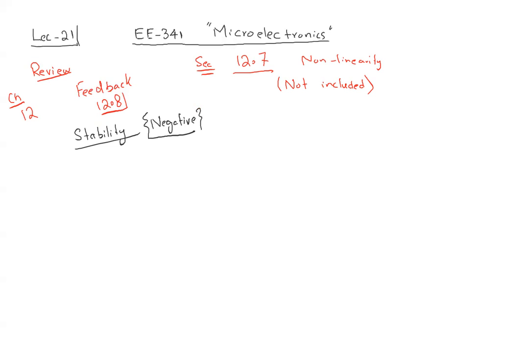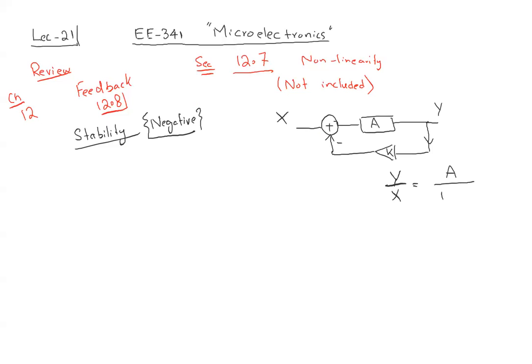And we said for any system we have a drawing: we have A here and something at the output. If we have a feedback of K going back here, and a plus sign here, a negative feedback system, and Y over X is the closed loop gain, then the closed loop gain is equal to A divided by 1 plus KA.